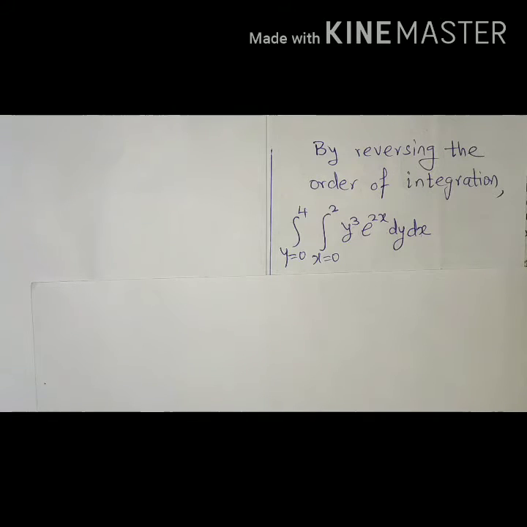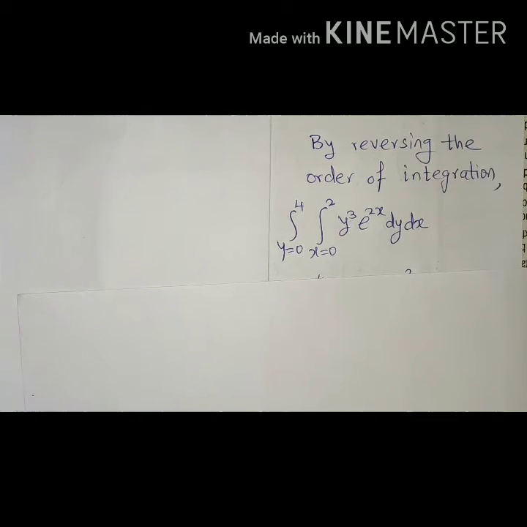Now let us reverse the order of integration. Outer integration is with respect to y, varying from 0 to 4. Inner one is with respect to x, varying from 0 to 2. And the integrand is the same, y cube e raised to 2x. And the order of integration should be dx dy, which if I don't mention doesn't matter because the order of integration is given by the integral sign.